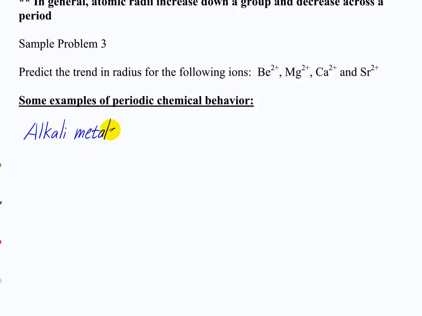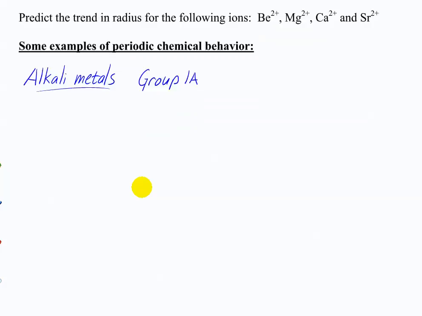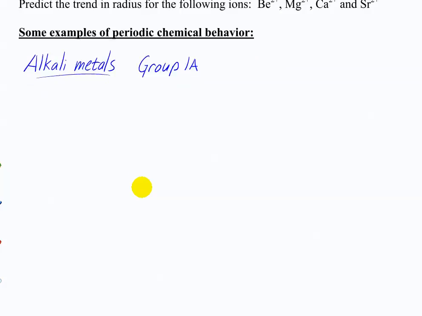What are the alkali metals? The first row, group 1, or 1A. These metals react with water, for instance. And because of their periodic properties, they actually all react kind of the same way.